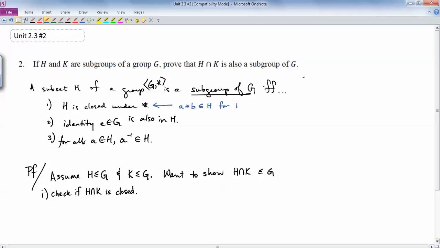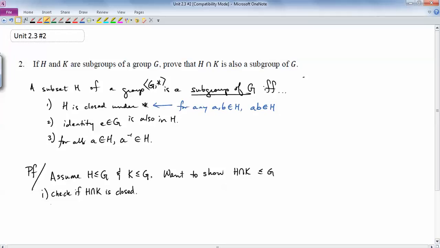For any A and B in H, the product, A star B or A times B, that's also how it's often written, AB, is in H. That's when you start getting extra lazy and leaving off the star, because people call it multiplication, so AB would be the product, which is the same as A star B. Sorry for that terrible confusion, but that's how it works. Okay, so check if it's closed.